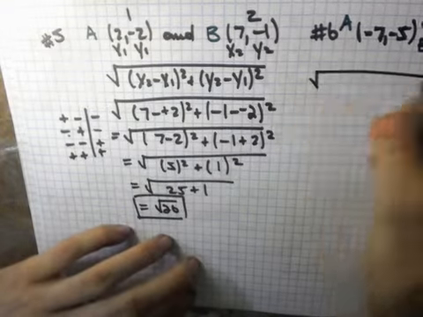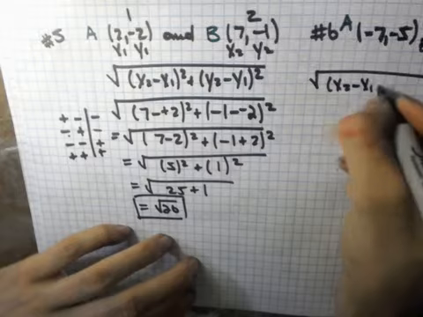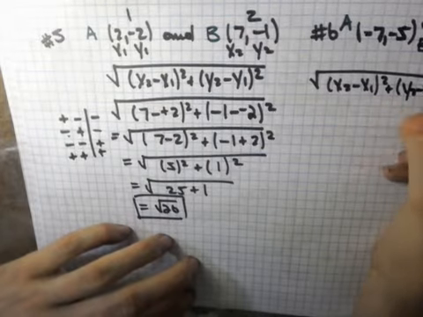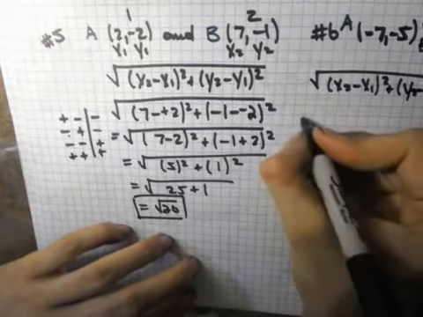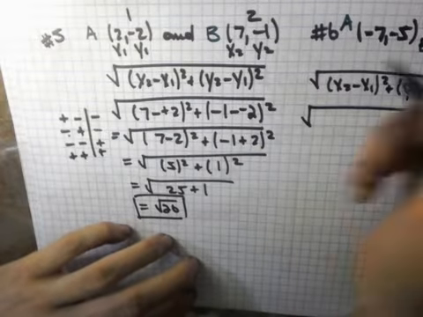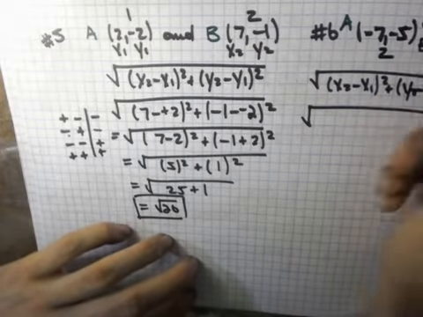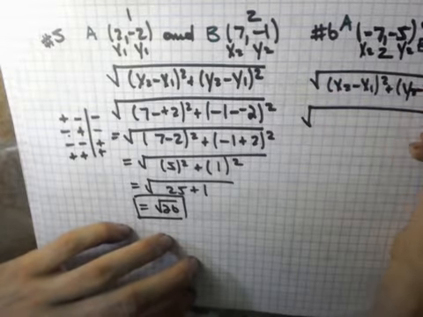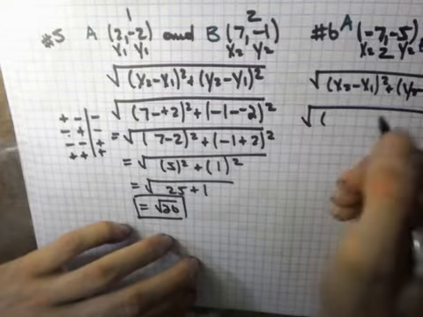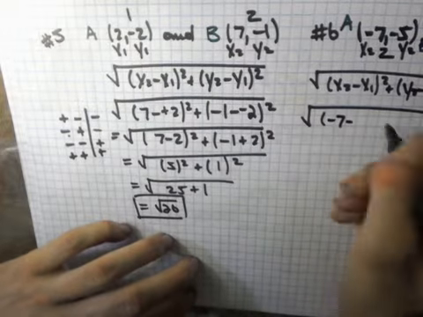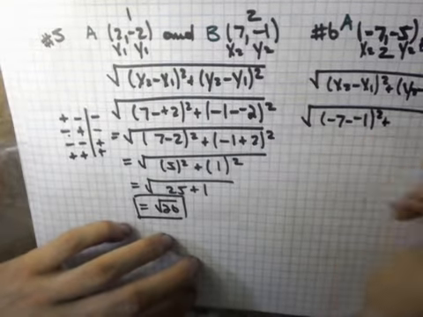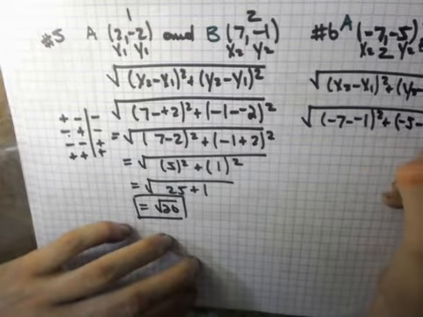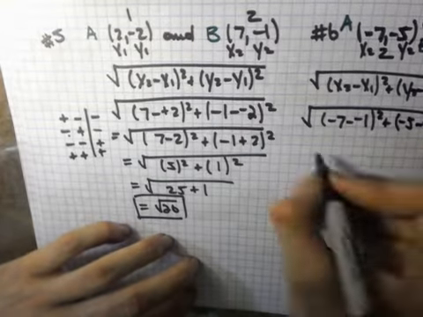So we have our distance formula, x sub 2 minus x sub 1 squared plus y sub 2 minus y sub 1 squared. Choose a point, we'll pick them in reverse order. This is x sub 2, y sub 2, this will be x sub 1, y sub 1. So x sub 2 is negative 7 minus x sub 1, negative 1, squared, plus y sub 2, negative 5, minus y sub 1, negative 1, squared.